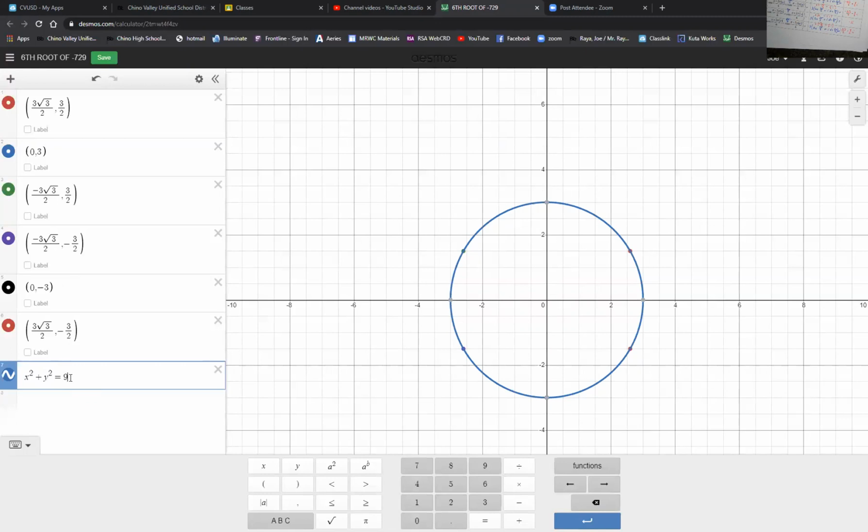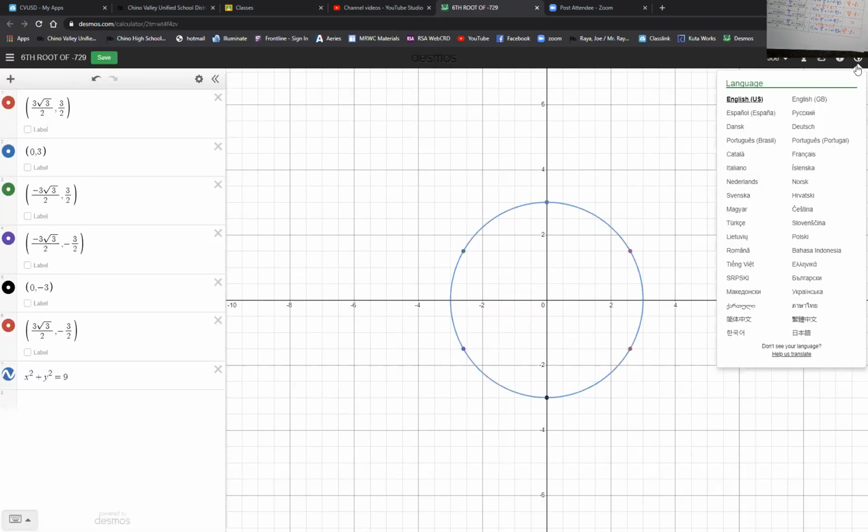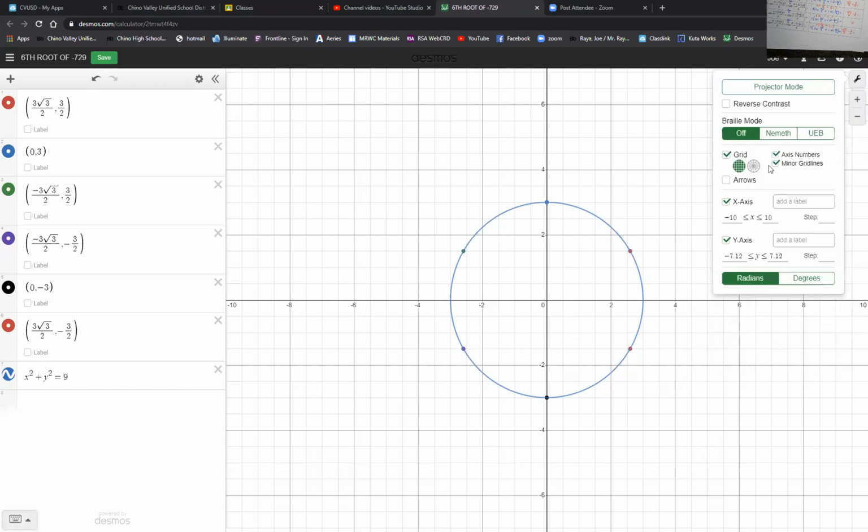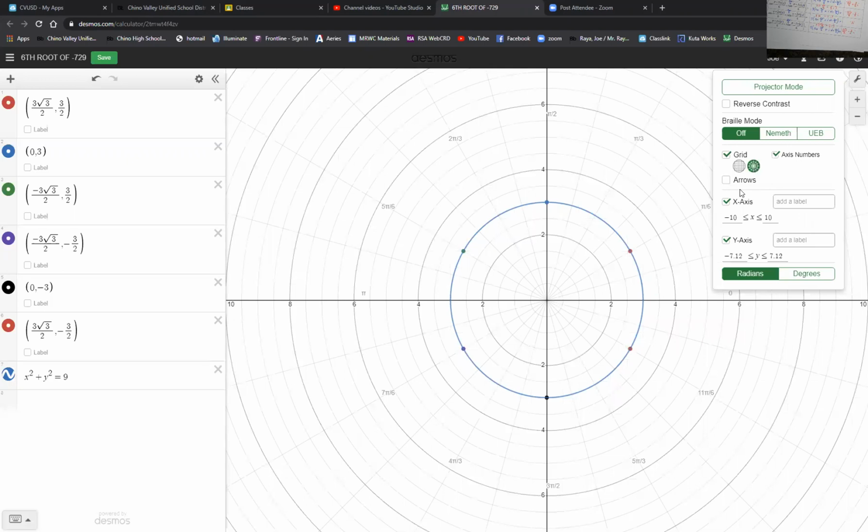What do you think the radius happens to be? It's the modulus. The radius is the modulus. Whatever that happened to be, the 6th root of 729 was 3. So that's how big that radius is. Okay. See, if I do this here, you can see the angles.